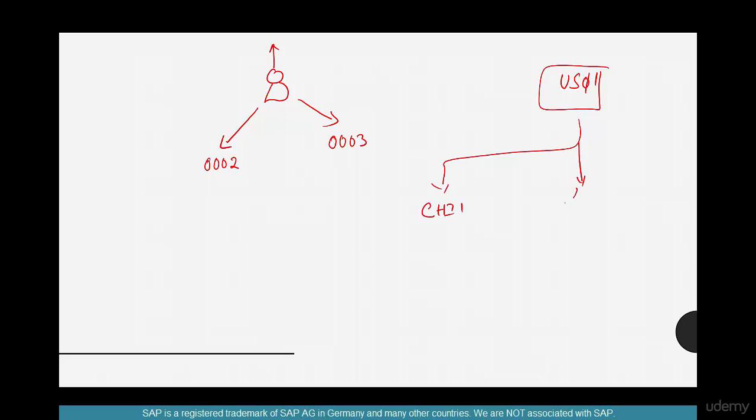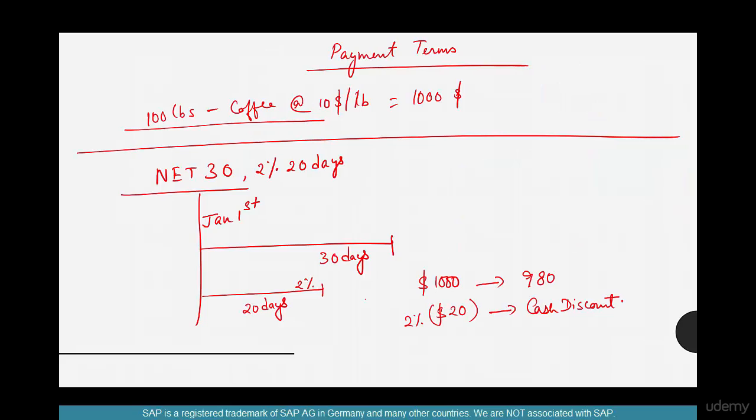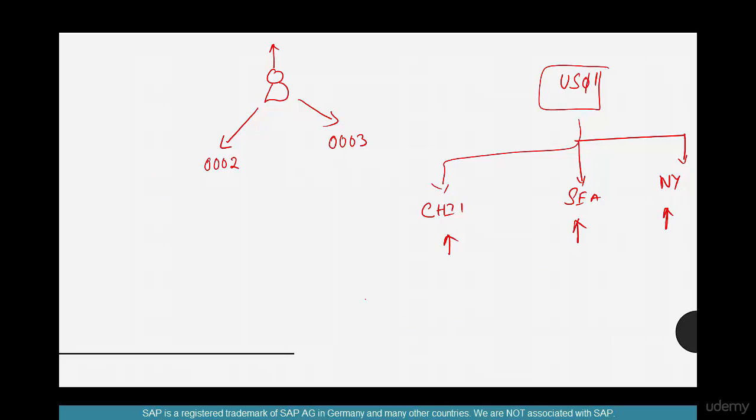And then you could have more in Seattle, in New York, so on and so forth. And purchase orgs could be assigned to each of these plants, or they could be assigned for more than one plant.